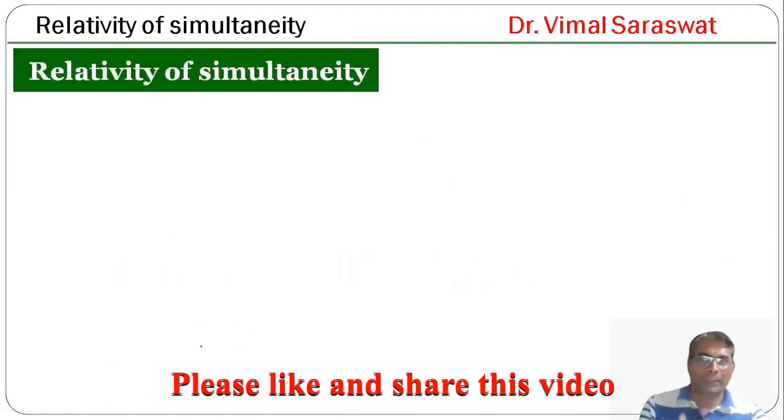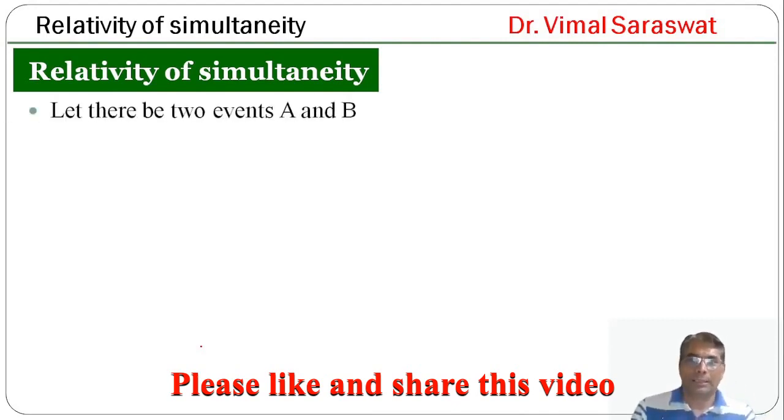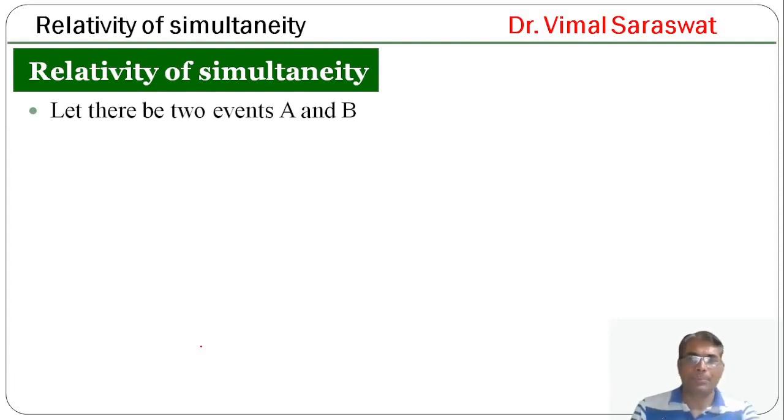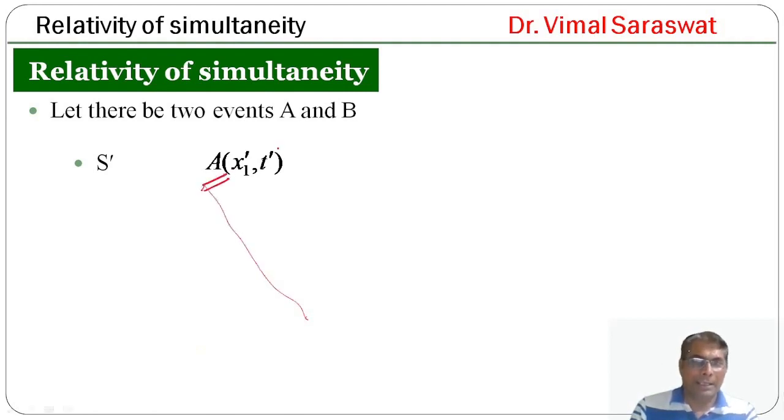Now, relativity of simultaneity. It means two events happen at the same time. Let there be two events A and B. Event A happens at t dash time in frame S dash.